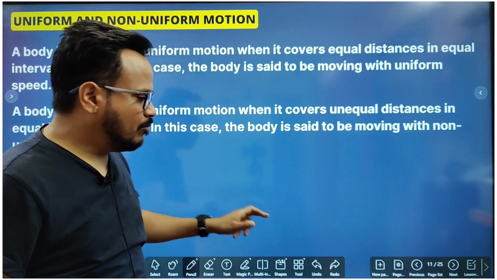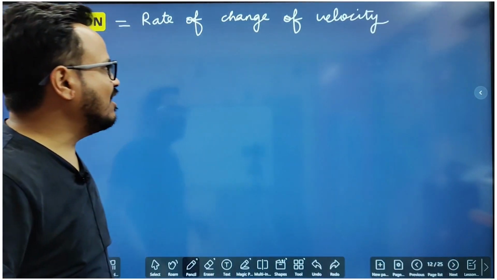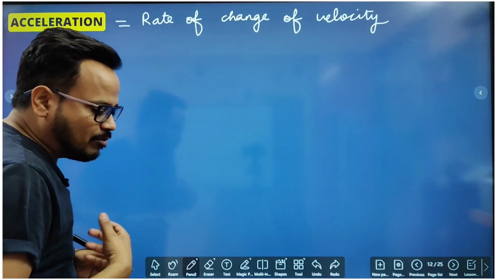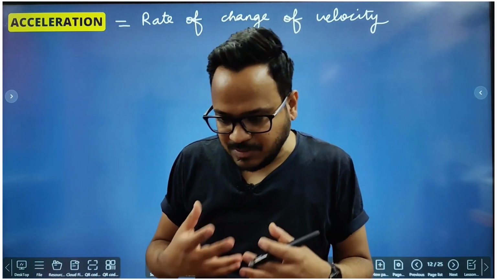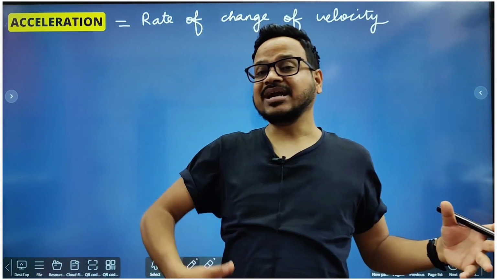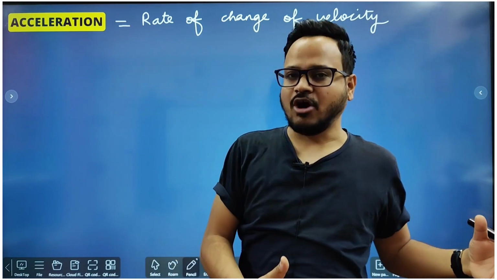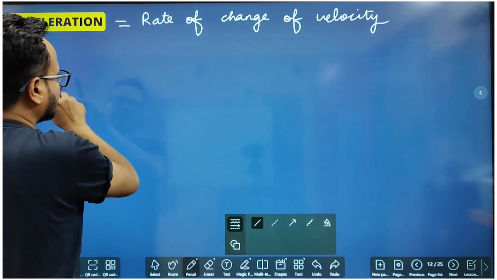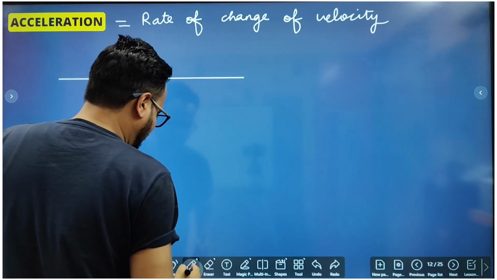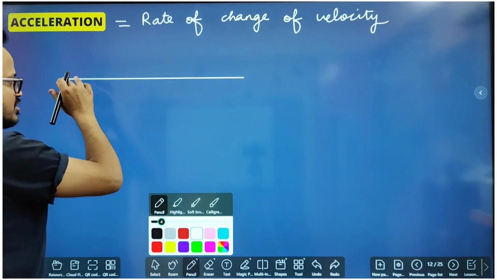In non-uniform motion, we are going to study a very important case of uniformly accelerated motion. It is a motion in which the speed of the body is changing, but it is changing in a uniform manner. For example, suppose now this is a timeline.